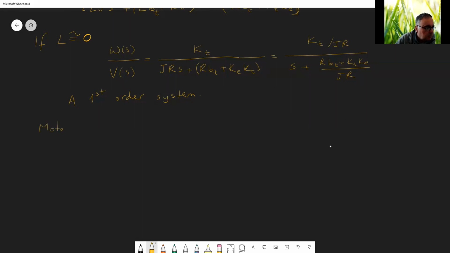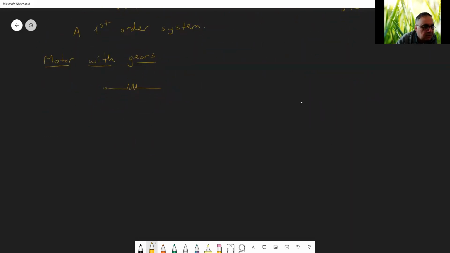Again, we will look at a motor with gears. That is, a motor usually rotates at a very high angular speed. So in order to decrease that angular speed, we connect a kind of gearbox. So what I will be looking at now will be the following.